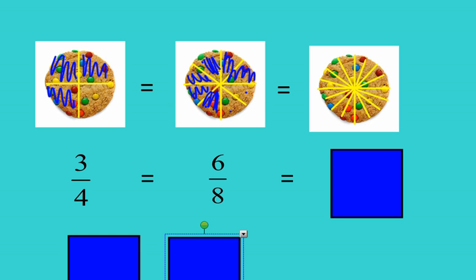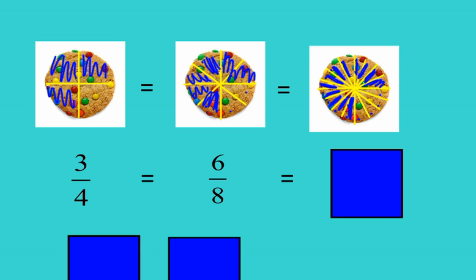Okay, so when I look at my last cookie, I need to figure out how many equal pieces it's been broken into. 1, 2, 3, 4, 5, 6, 7, 8, 9, 10, 11, 12, 13, 14, 15, 16. So 16ths. That's going to be my denominator. And I need to count to see how many equal pieces I would need to eat. That's 1, 2, 3, 4, 5, 6, 7, 8, 9, 10, 11, and 12.